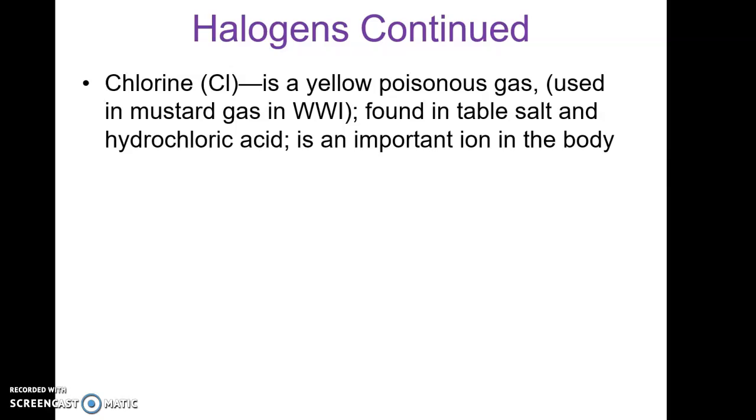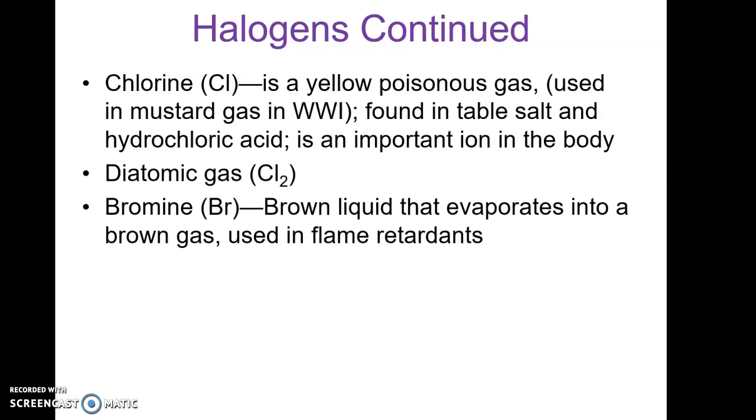It's found in table salt, and it's found in hydrochloric acid, and you can use chlorine to disinfect, like in bleach, or to kill things in a pool. But chlorine by itself is a diatomic gas, Cl2, which would be a yellow poisonous gas, and that was mustard gas that was used in World War I, and it is dead poisonous. It's deadly. You do have it in ion form in your body. And like I said, it forms a diatomic gas, Cl2. It bonds with itself.